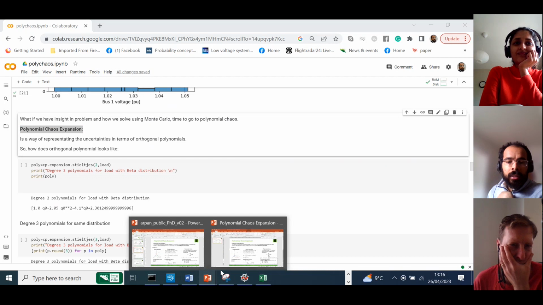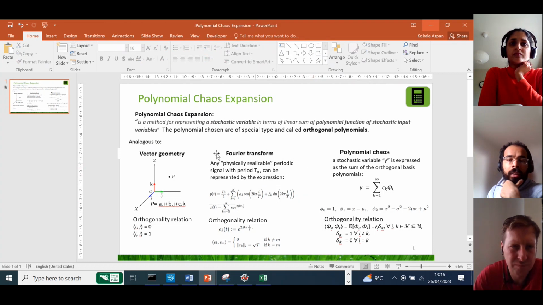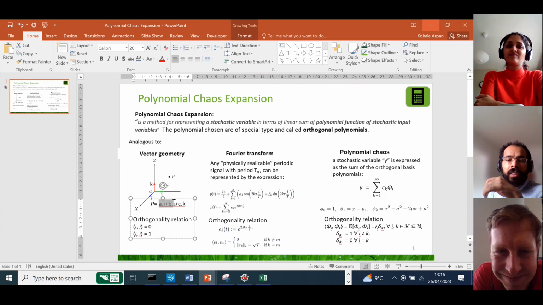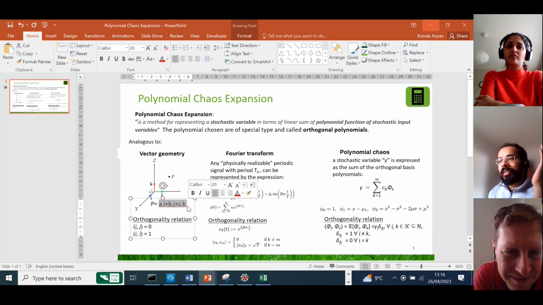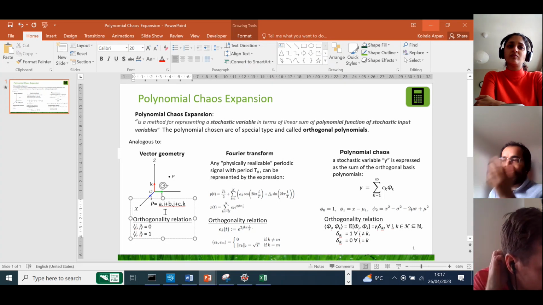I didn't put it here, but if you remember this slide from before, I want to remind you of the basics of vector geometry, where we can write anything in terms of i, j, and k. So if you have any coordinates x, y, z, we can write it as xi plus yj plus zk, right?